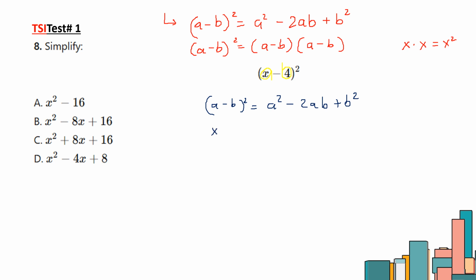With a as x and b as 4, x minus 4 squared equals x squared minus 2 times x times 4 plus 4 squared. Now simplify this, and you will have x squared minus 8x plus 16. The other choices have a plus where there should be a minus, or have only 2 terms, so they are not the correct answer. So B is the correct answer.